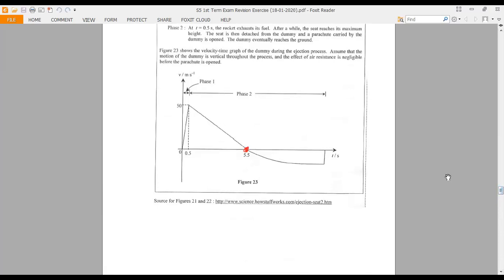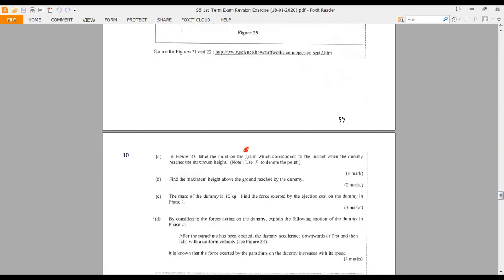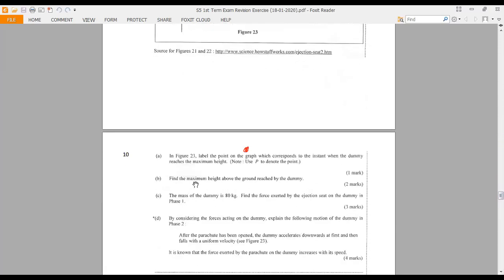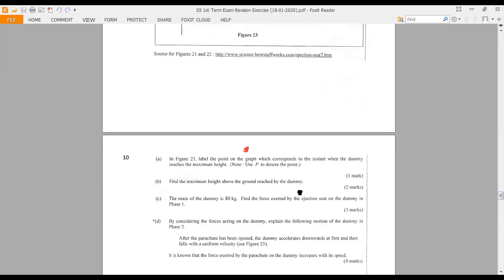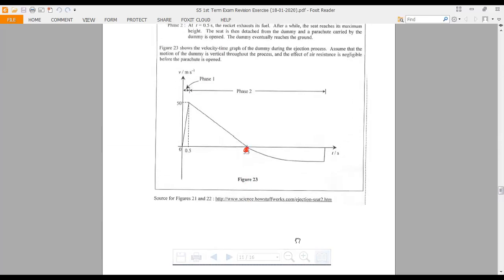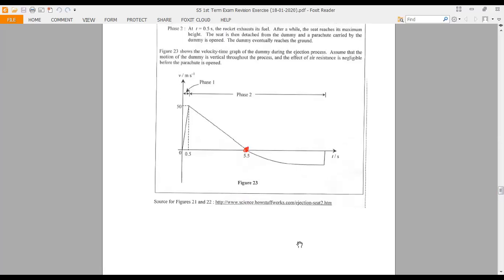Now, remember this, whenever you see a VT graph, this point is momentary rest, it means it goes to the maximum point. Okay. So very easy. Second, find the maximum height above the ground. That means how far that passenger can reach.